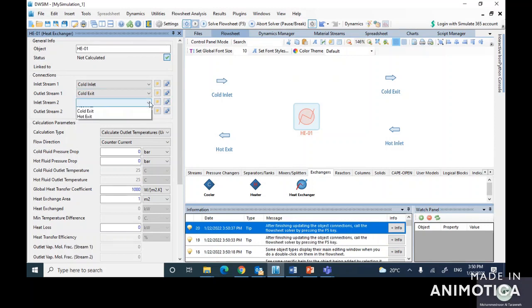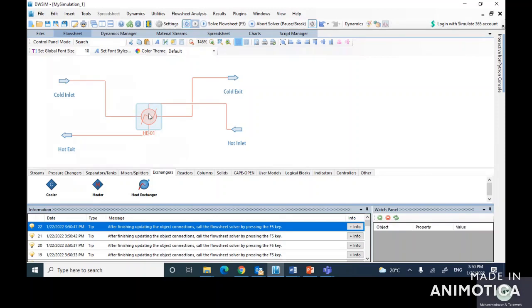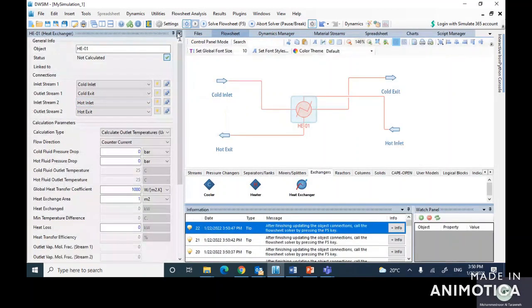Inlet stream 2 is the hot inlet, and its outlet is the hot exit. Close this window and we will see the connections. So these are the connections now. All the connections are correct.